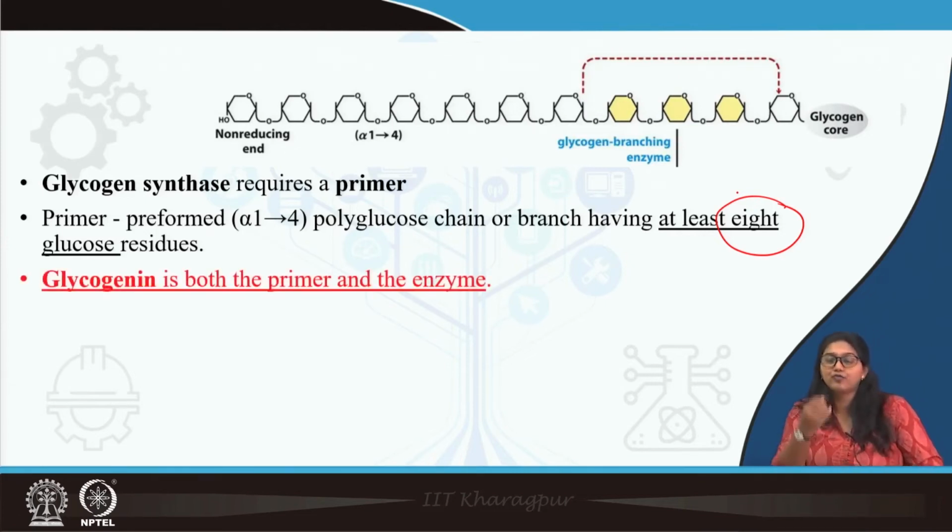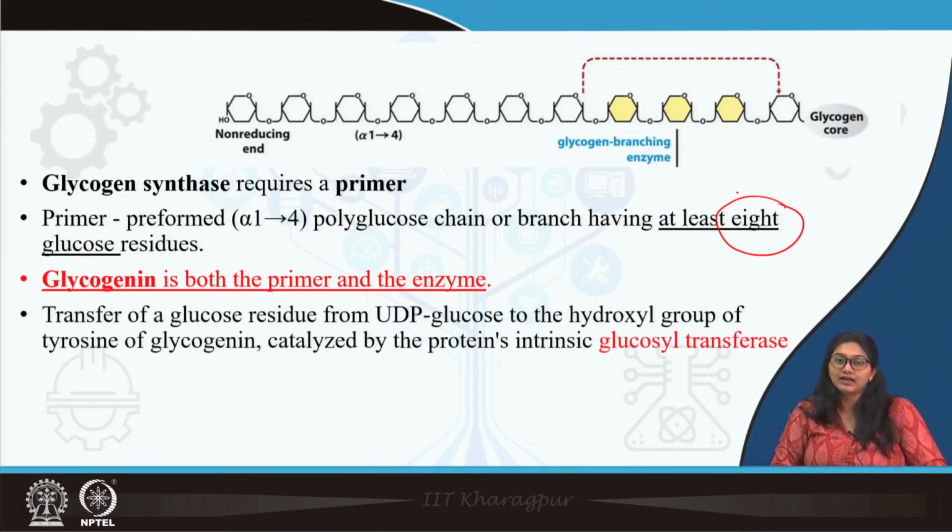Now, how is this primer synthesized? With the help of glycogenin. As we have discussed, glycogenin is a protein. It has tyrosine residues, and those tyrosine residues can be glycosylated. Glycosylated by which enzyme? Glucosyl transferase.